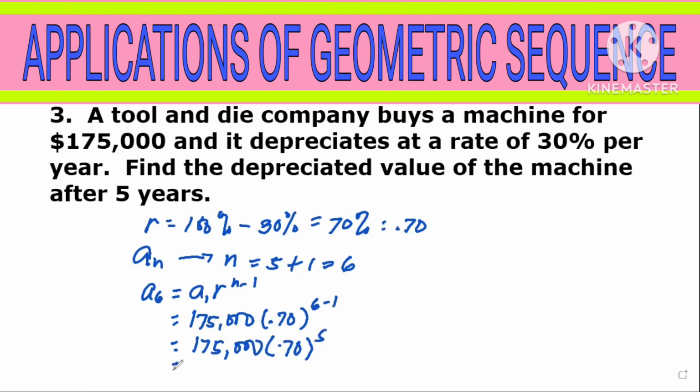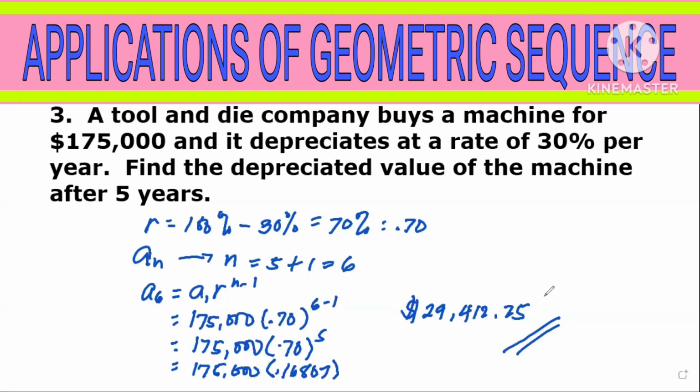But 0.70 raised to 5 is equal to 0.16807. And using your calculator, 175,000 times 0.16807 is equal to 29,412.25. So that's the value of the machine after 5 years.